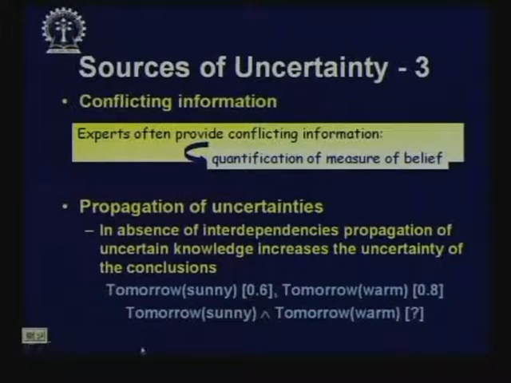Now, when I take them together, tomorrow will be sunny and tomorrow will be warm, what will be the certainty of this conjunction? This is a conjunction of these two uncertain statements, uncertain propositions, tomorrow sunny, tomorrow warm. When I take them together, what will be my strength of belief in this conjunction?